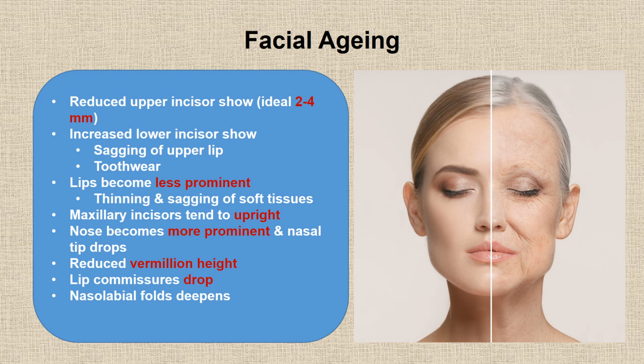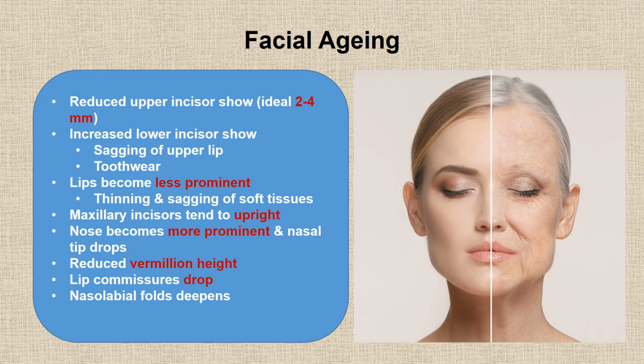There is also a concomitant increased lower incisal show, meaning we show more of the lower teeth and less of the upper teeth. This is due to two reasons: one is the sagging of the upper lip, and two is tooth wear.